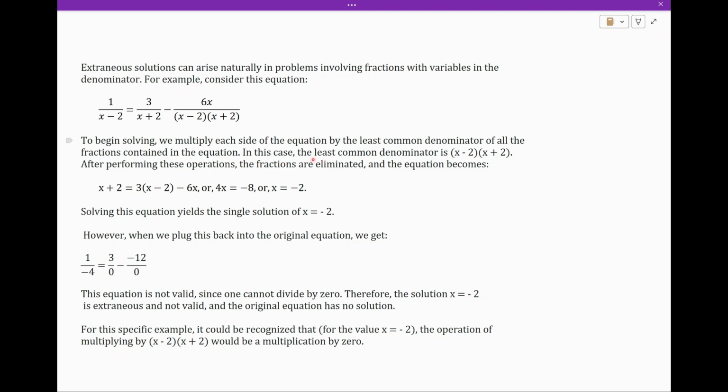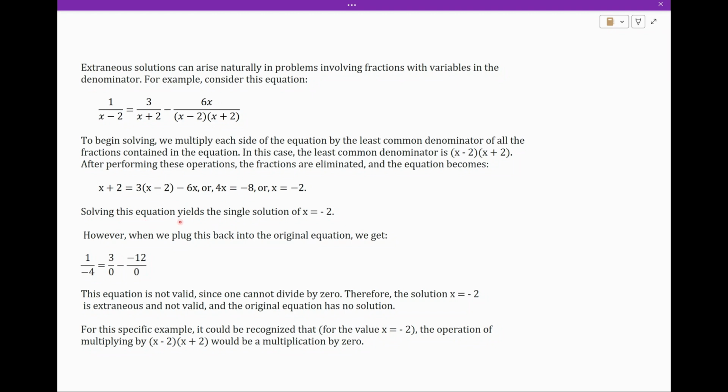In this case, the least common denominator is x minus 2 multiplied by x plus 2. After performing these operations, the fractions are eliminated and the equation becomes x plus 2 is equal to 3 multiplied by x minus 2 minus 6x. Or after rearranging terms, we get 4x is equal to minus 8 or x is equal to minus 2.